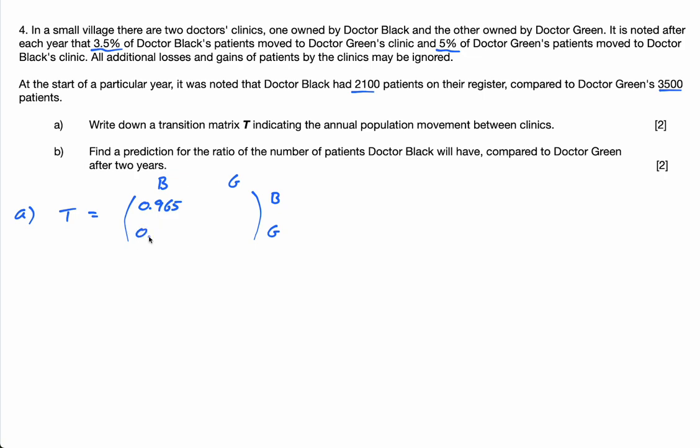And then obviously he's going to lose 0.035, which is 3.5%. Similarly, Green to Black, well, Green will lose 5% to Black, so that's 0.05. And that means 95% or 0.95 will stay with Dr. Green. So that's my Green to Green.